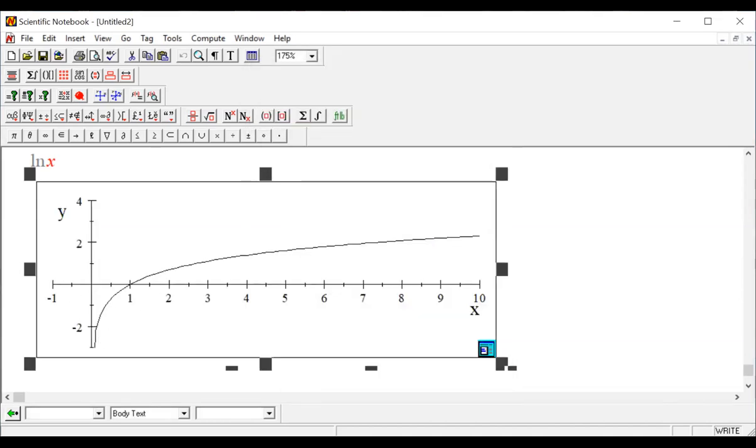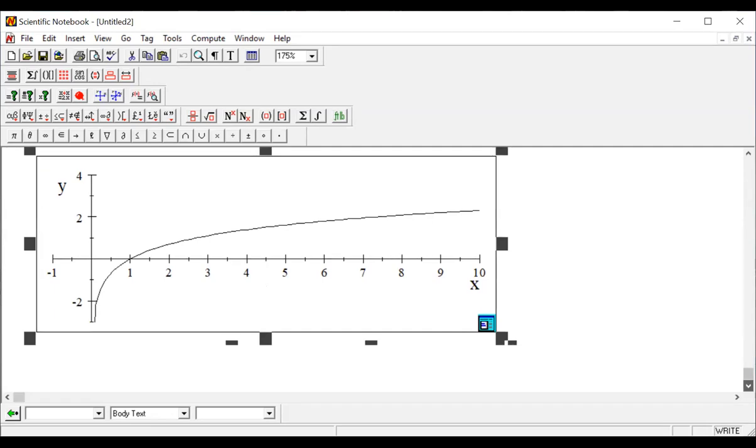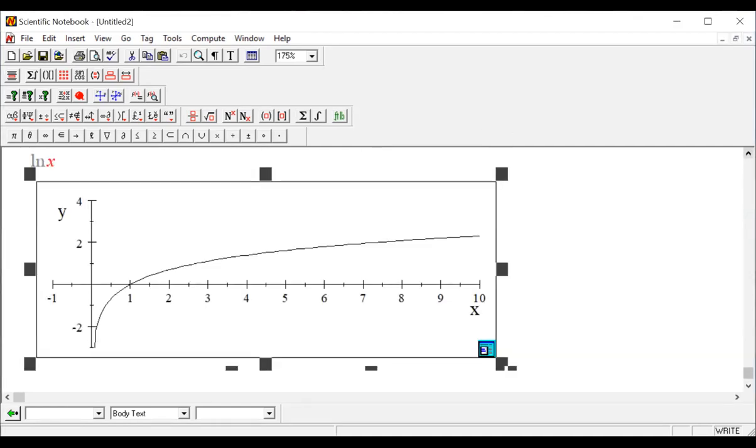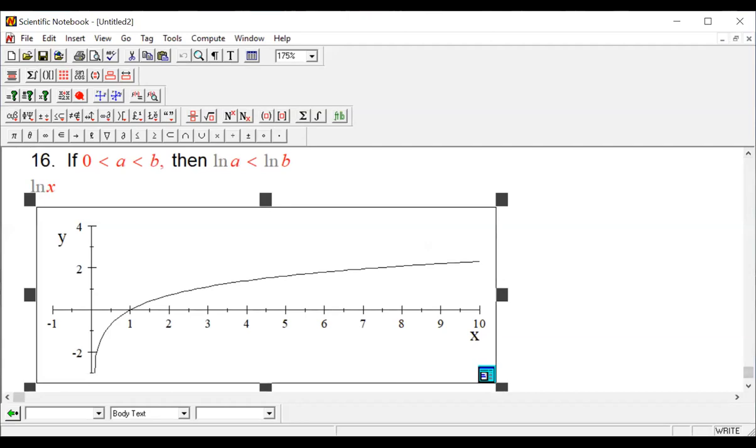So for a less than b, for any number in the domain of ln x, it's always going to keep going up if the input keeps increasing. All right, we're doing pretty well so far.